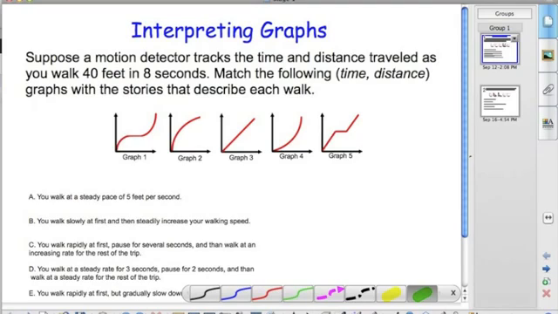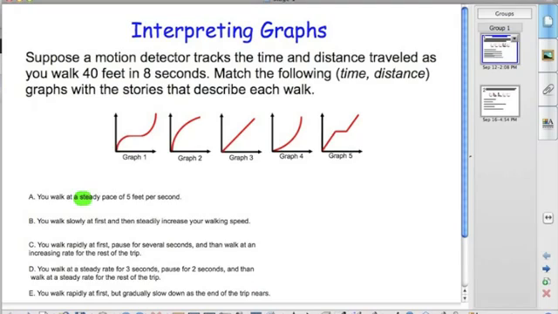Now, walking at a steady pace, once again, that means that the distance that you're walking and the time that you're walking is consistent throughout the data. So for every second, they're walking 5 feet. This tells us that our line is going to be a straight line. So the only option that we have is graph 3.